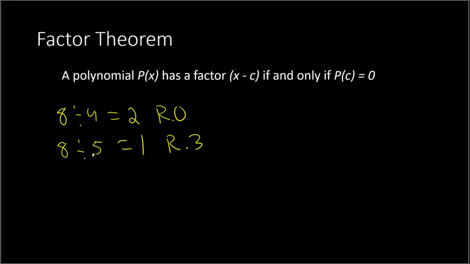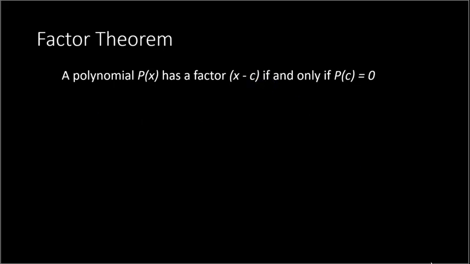So we know that 5 is not a factor of 8 because there's a remainder, whereas 4 is a factor of 8 because the remainder is 0. And that's really what this factor theorem is all about. We know something is a factor if and only if the remainder is 0.